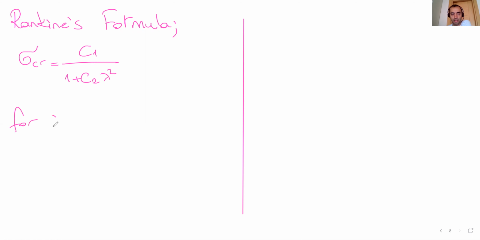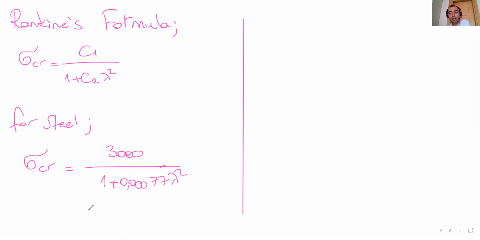So for steel, the sigma critical is 3000 over 1 plus 0.00077 lambda square. Again, you don't have to memorize this number, we will give it to you when we use it.